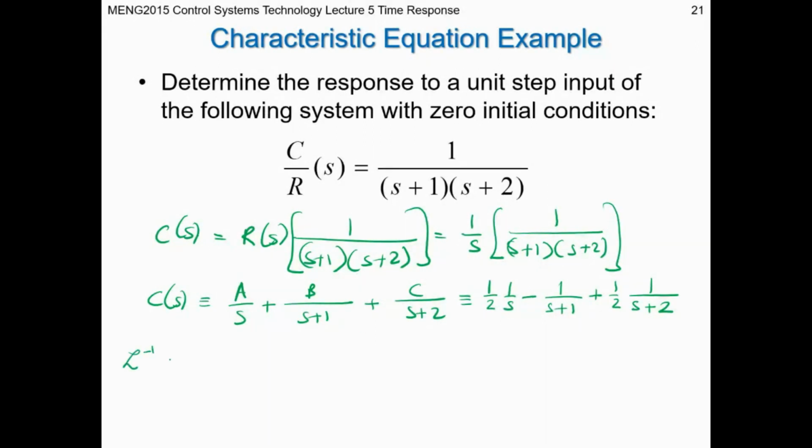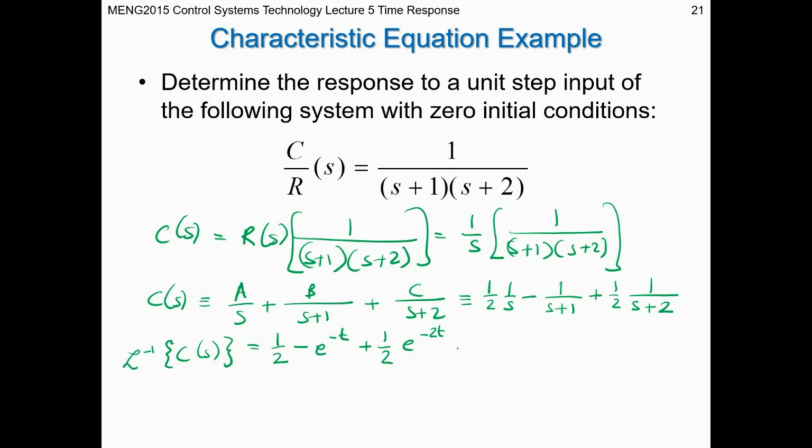So if we take the inverse Laplace transform of C of S now, that's going to give us a half, because the inverse Laplace transform of 1 upon S is 1. So half times 1 is a half, minus this term, which is going to give us e to the minus t, plus half of this term, which is e to the minus 2t, right?